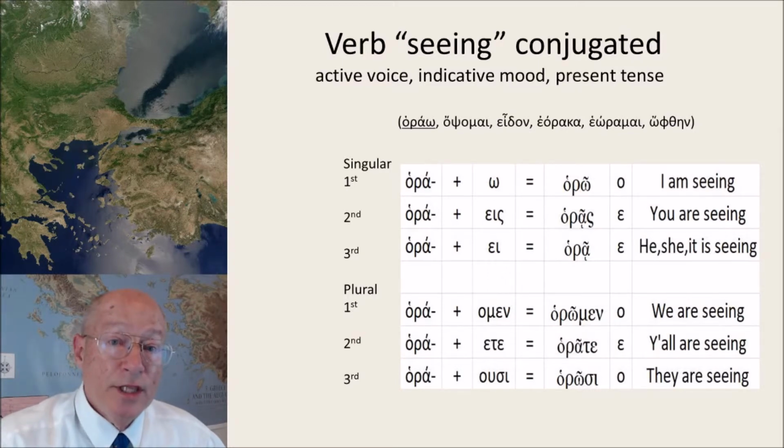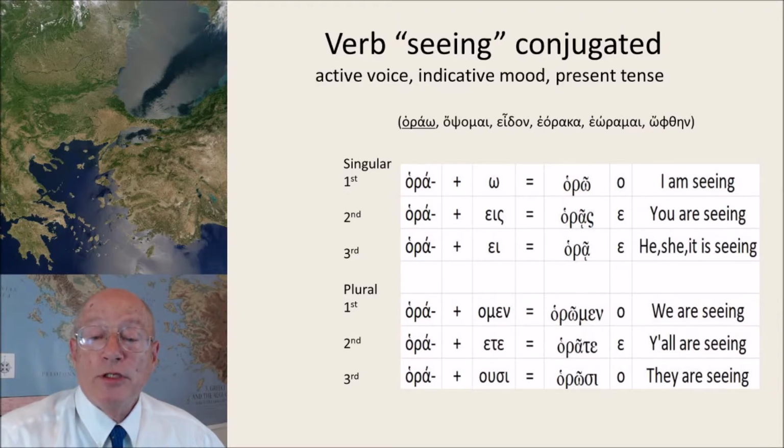And please note that there is an iota subscript on that alpha. The third person singular is hora plus ei, and the result is hora. And notice again you have the iota subscript on the alpha. And then the first person plural is hora plus omen, horomen. Second person plural is hora plus ete, horate, and the third person plural is hora plus ousi, horosi.